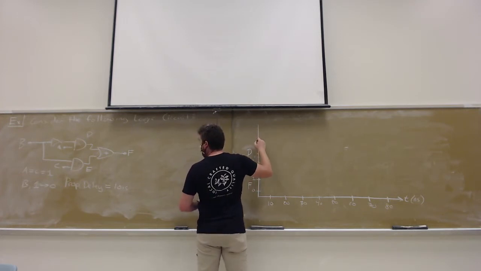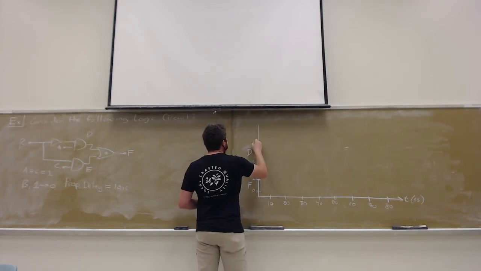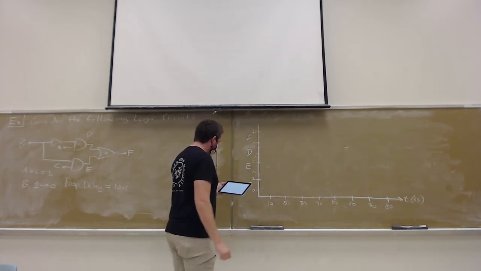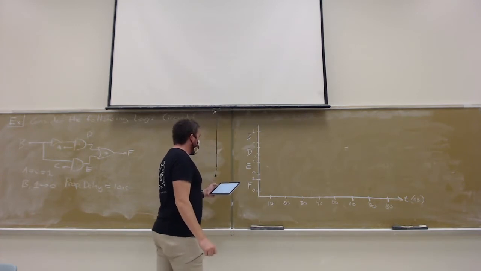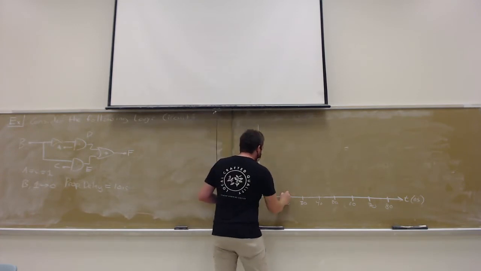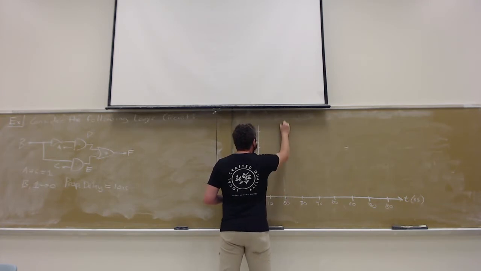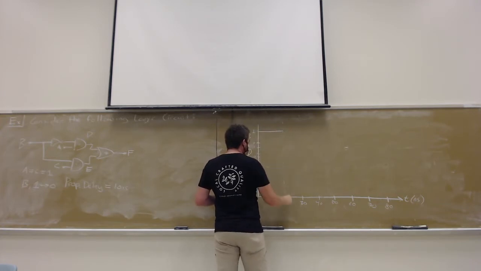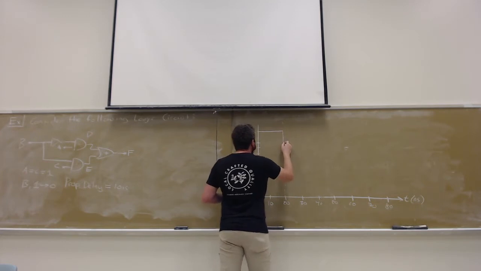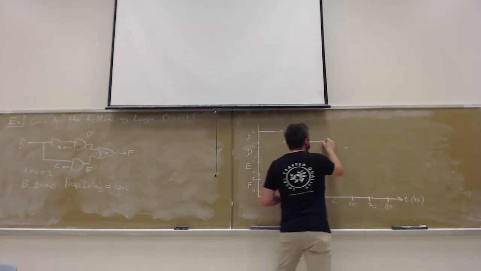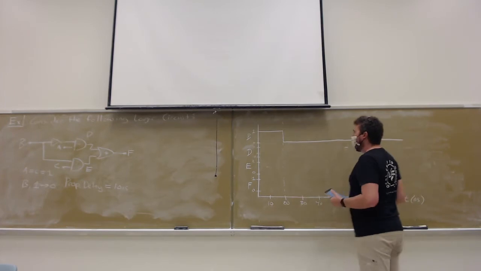And then finally, we were going to switch B, which has a 0 and a 1. So we said that B starts at 1. I know we did this differently when we wrote the example last time, but just to make the graph look a little prettier, we'll say that B starts at 1, and at 20 nanoseconds switches to 0. Don't worry, like I said, this won't affect the outcome, right?